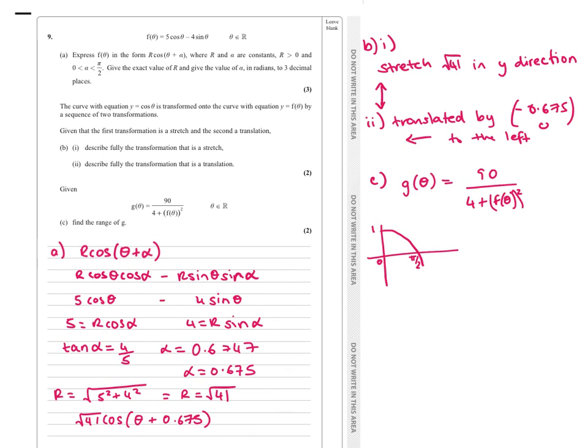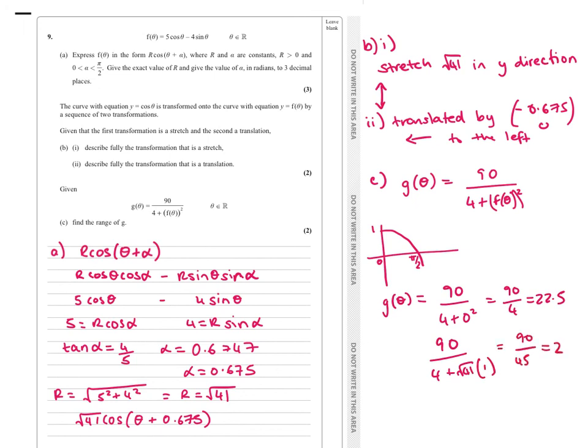If we say this is 0, we're going to have g of theta equals 90 over (4 plus 0) squared, which is 90 over 4, which is 22.5. Or, as it tends to 1, we're going to have 90 over (4 plus root 41 times 1) squared, which is 90 over 45, which equals 2.